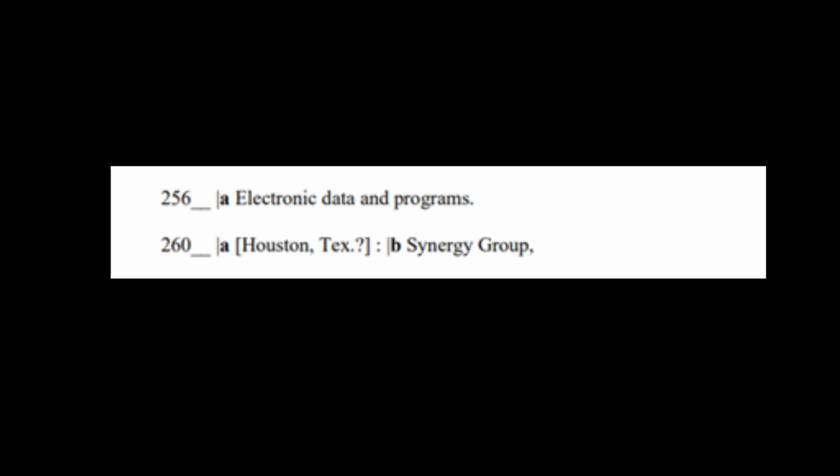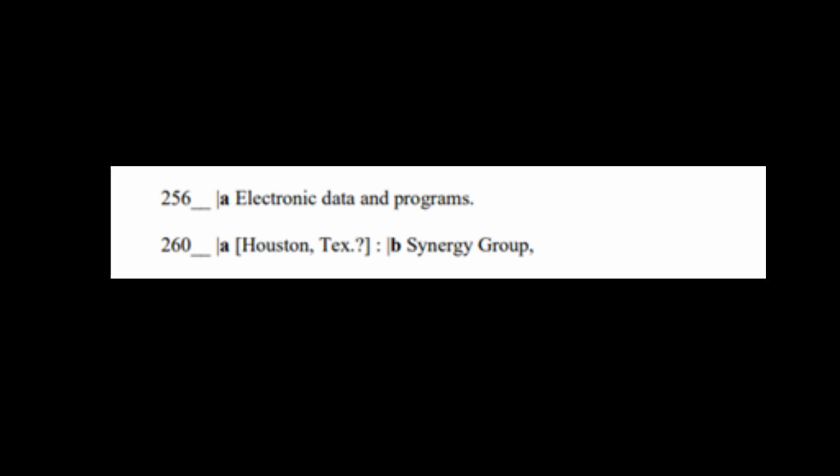Then subfield code B, that is the publisher, so Synergy Group. And there is no subfield code C, which is the copyright date or publication date. And now let's go back to the tag. Tag 260. So as I've said before, in the example that I gave you last time, we have tag 264.